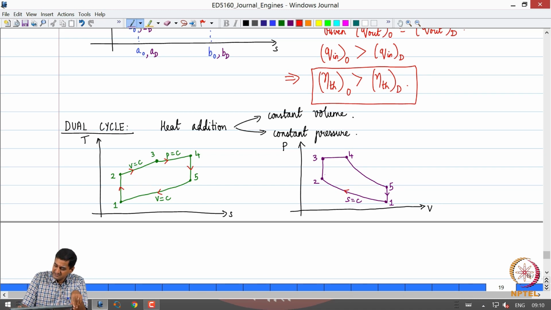So, the processes will take place like this.